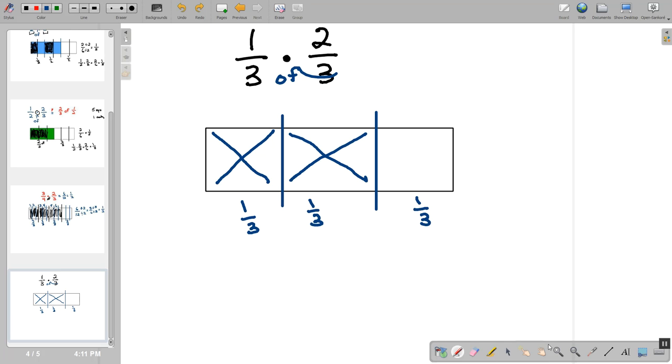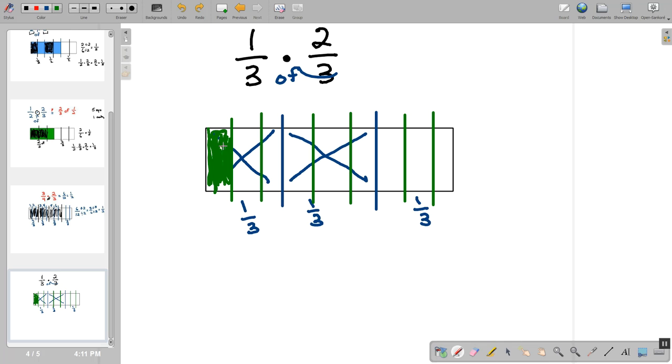Okay? So, in order to do 1/3, I need to cut up each piece into 3 equal parts, and then I'm going to shade one of those 3. All right. And then I'm going to shade in 1/3. And then I'm going to shade in 1/3.